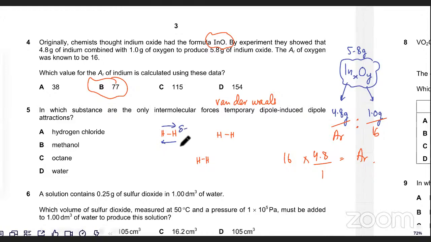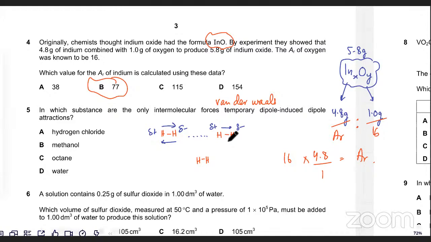This side could become partial negative, this side could become partial positive. The electrons might, for a very temporary instant, shift to the right or to the left, resulting in temporary dipoles, and that would result in induced dipoles. Because of the negative charge over here, the electrons over here would be repelled as well. So this side would become negative, this side would become positive, and the two molecules would start to attract each other. Is this clear?